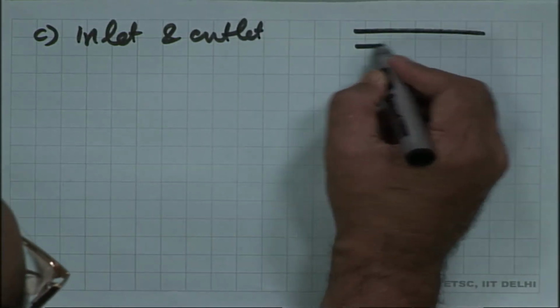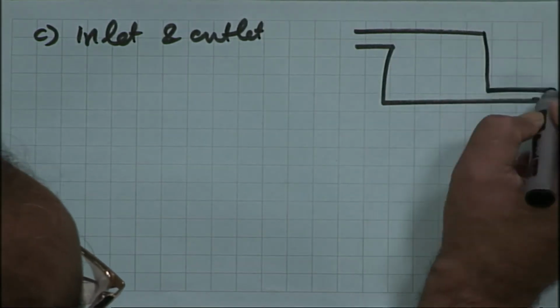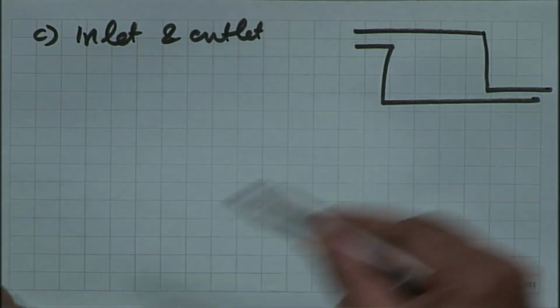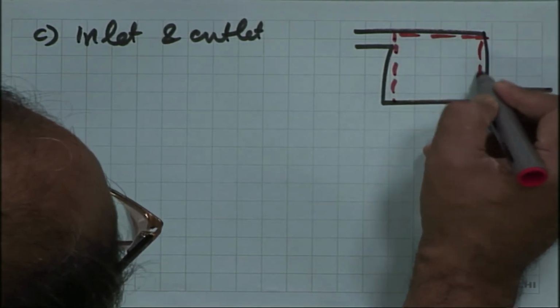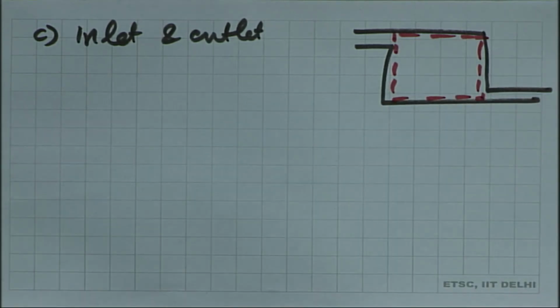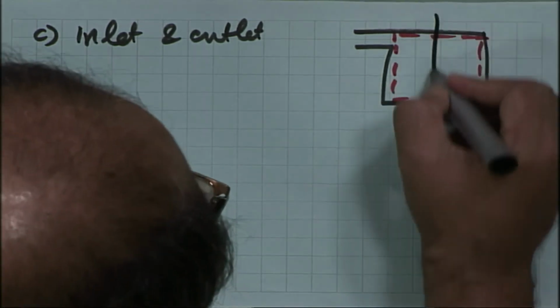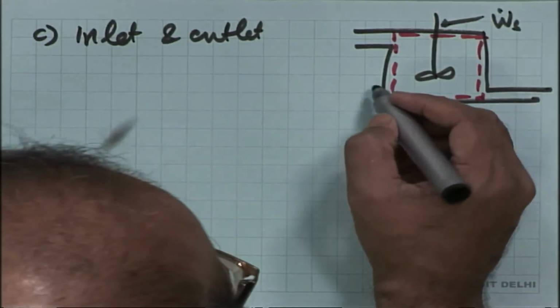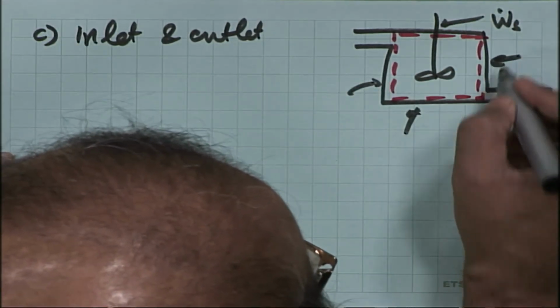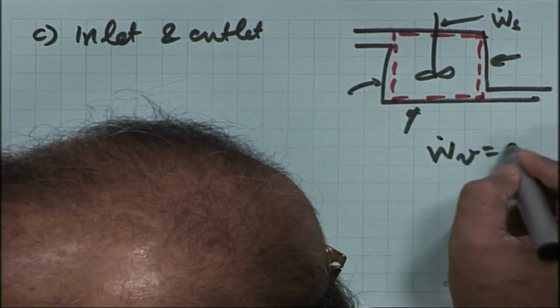So, this was our typical control volume, and what we have shown is that on this part it is W dot S, and on these parts viscous work is 0.